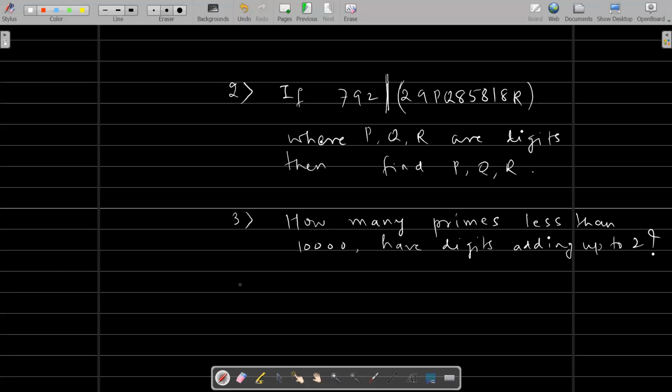And write one more. Find the remainder when 10 factorial plus 11 factorial plus 12 factorial is divided by 30.